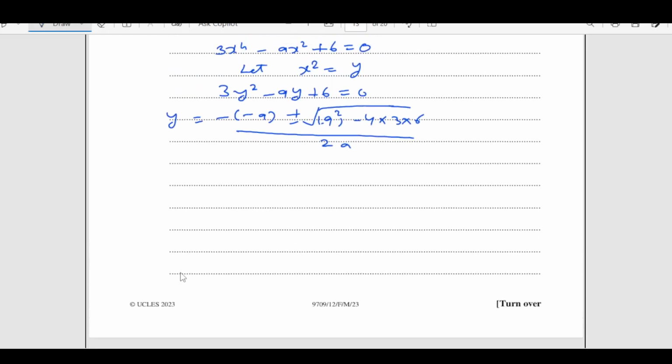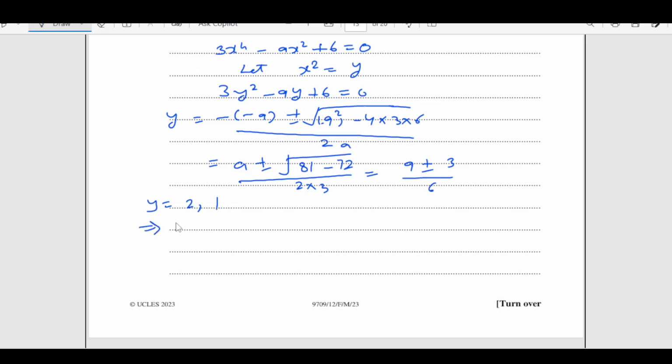Now this is going to be 9 plus minus the square root of 81 minus 72, over 2 times 3. So this comes out to be 9 plus minus the square root of 9, that is 3, over 6. So we have y is equal to 2 and 1.